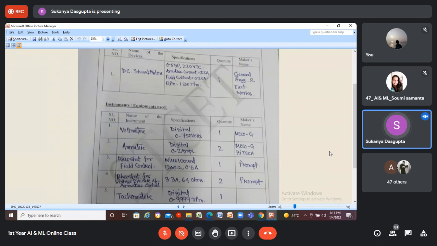Rheostat for armature control 3.3 ampere, 64 ohms, 2 numbers, Prompt, and 1 tachometer, digital type. Rating is 0 to 9999 RPM. Maker's name is Kusum.